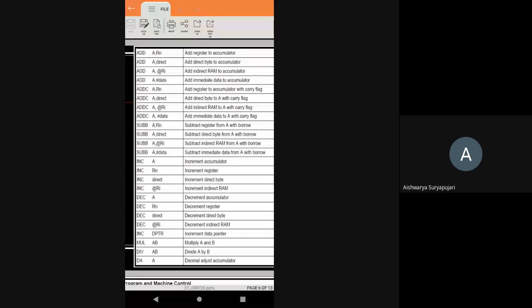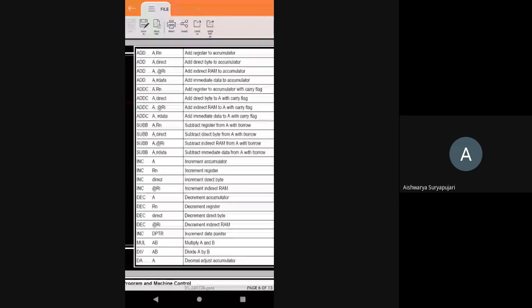Get it? The values of A and B get multiplied, and the answer is stored in the accumulator itself. In the accumulator only the answer is going to be stored. So that is the multiplication. Only one command is there.